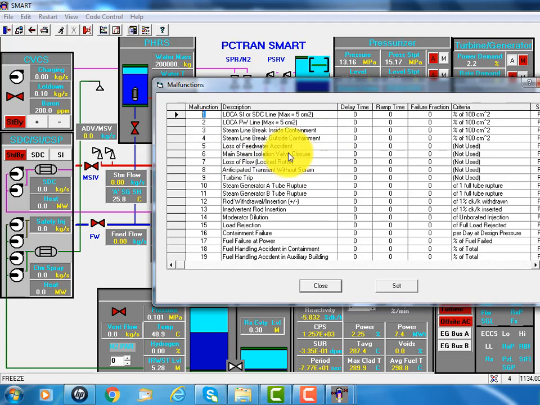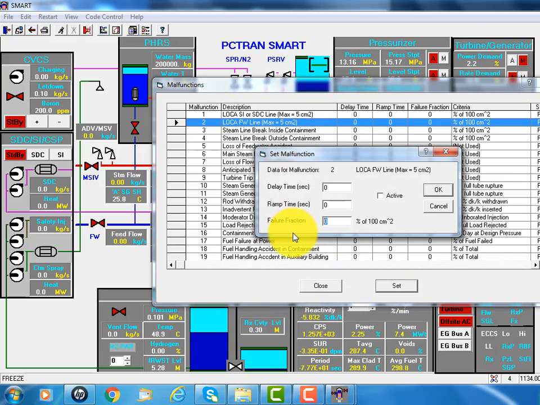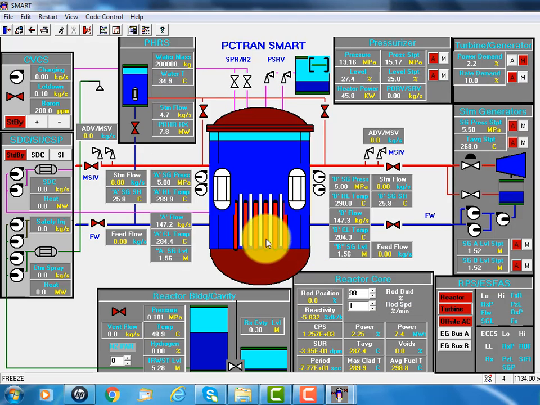So the feed water line break, a loss of outside power, or turbine trip, tube rupture of the steam generator, anything could happen, right? So we can simulate that by assuming we have a feed water line break, and the size, let's just put 100 centimeters square, and run. You see there's a break here.